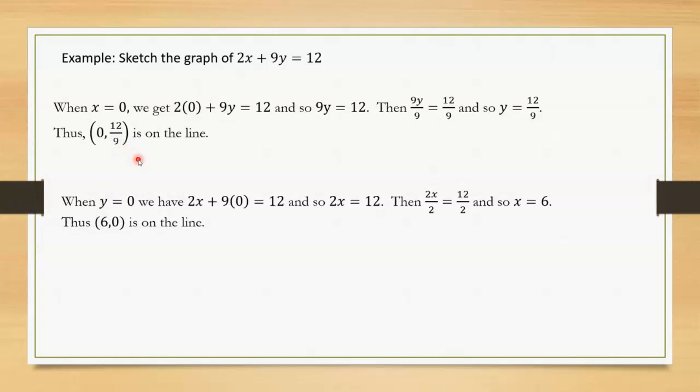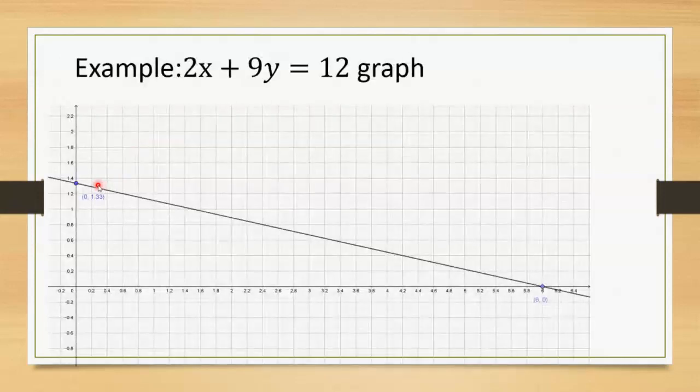It's definitely going to be between 1 and 2. Turns out when you graph it, you get this. As we can see, well, this is what we get. Okay, so we have that example.